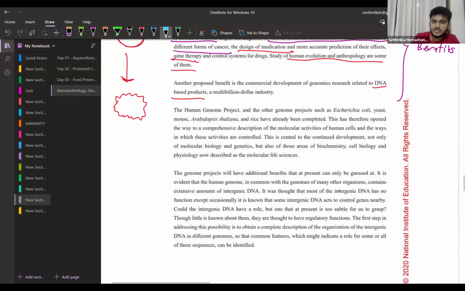Now, this is very important. The other genome projects that are sequenced are E. coli, E. coli meaning Escherichia coli, and yeast. What is another name for yeast?